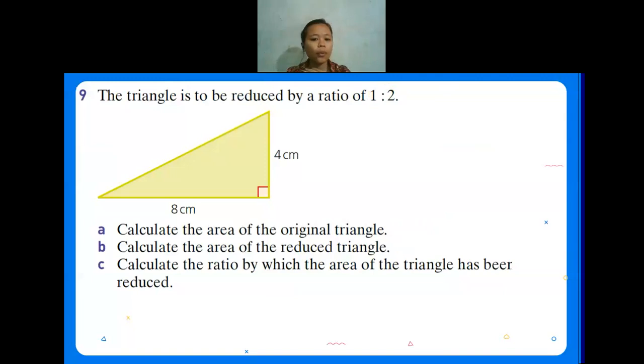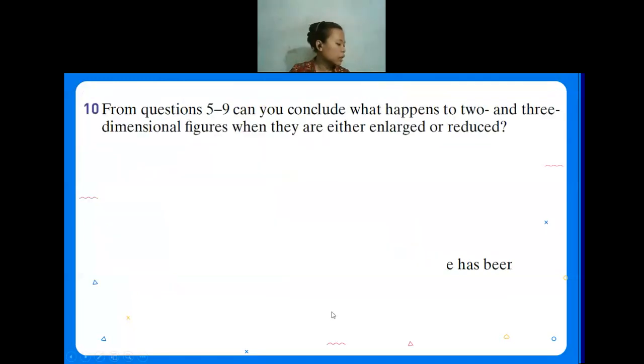For question 10, from question 5 to 9, can you conclude what happens to 2 or 3-dimensional figures when they either enlarge or reduce? So maybe we can just generalize for the 2D shape and 3D shape. Let us start with the 2D shape first.